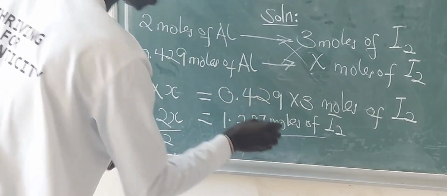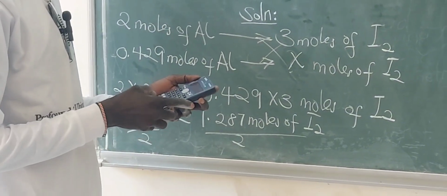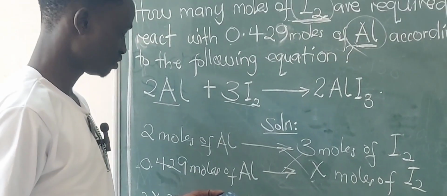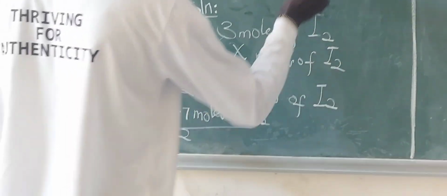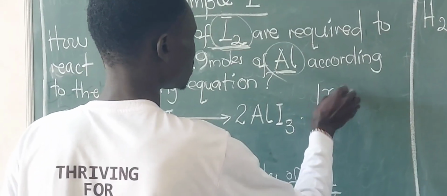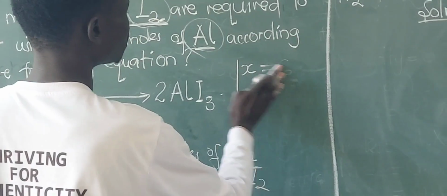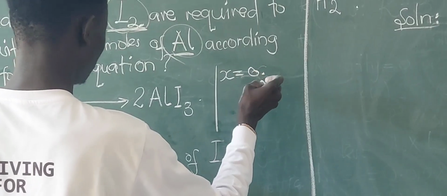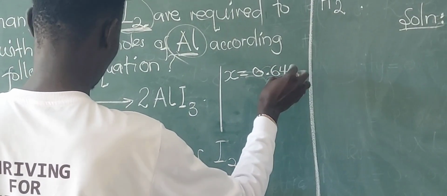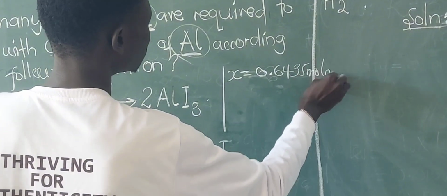Divide both sides by 2, so divide this by this using your calculator. When I divide by 2, I am getting x equals 0.6435 moles.